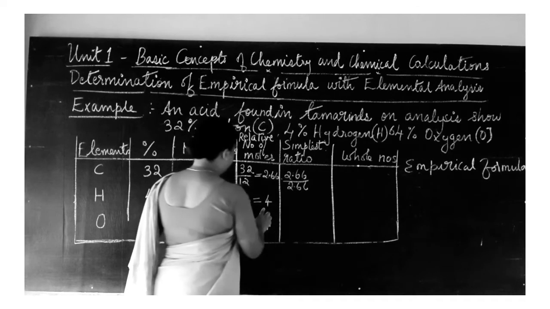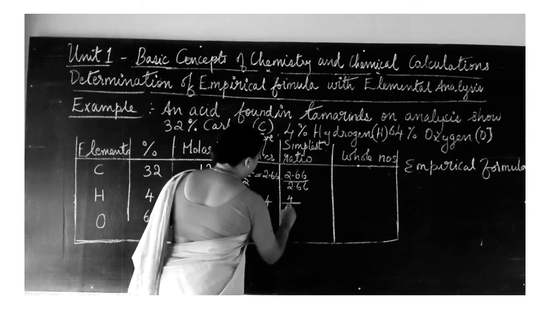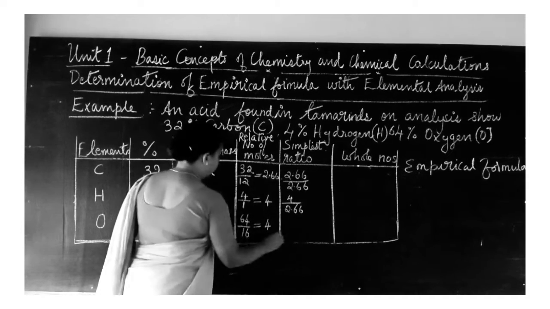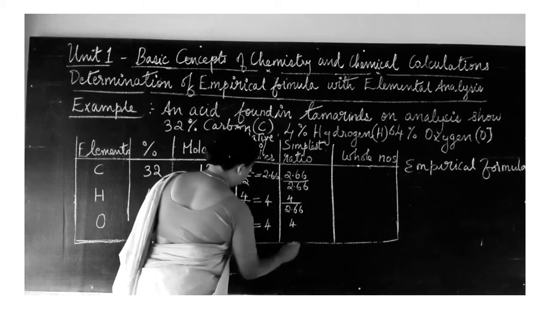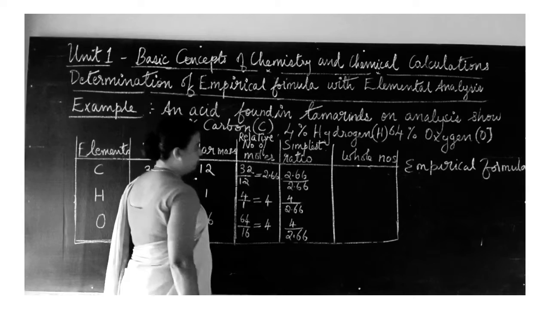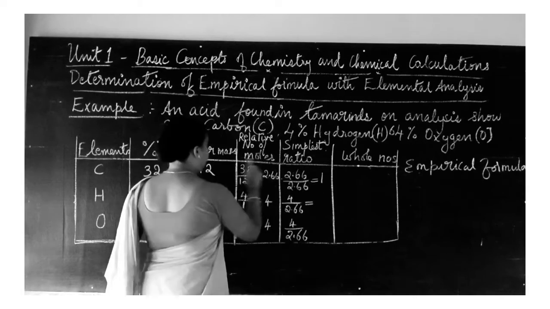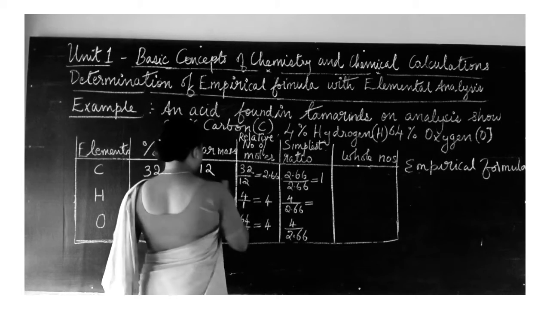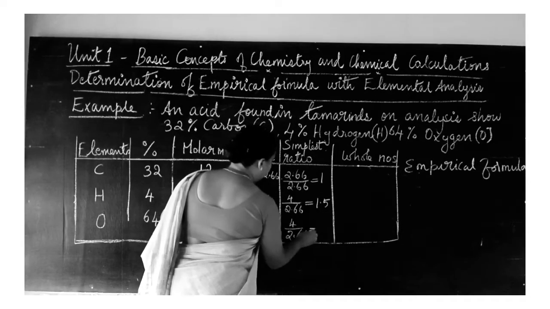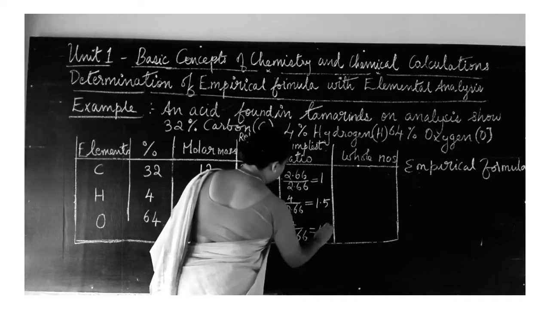For hydrogen, I divide 4 by 2.66. For oxygen, again 4 divided by 2.66. Now, for carbon it is 1, for hydrogen it is 1.5, and for oxygen also 1.5.